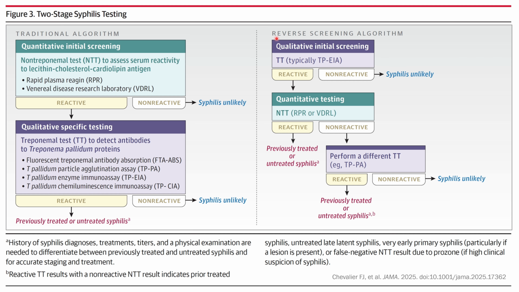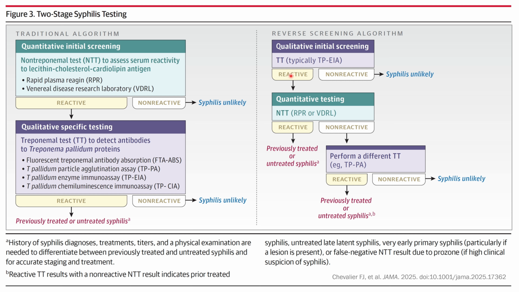Another way to do it is the reverse screening algorithm, and the reason this is more common is because the risk of false negative on the initial test is higher with the traditional algorithm, whereas the risk is a bit lower with the reverse screening for early syphilis, and that's only for initials. This is where you start with your TT test, and if it's reactive, you go to your NTT, and if that's reactive, you confirm syphilis, and you essentially treat.